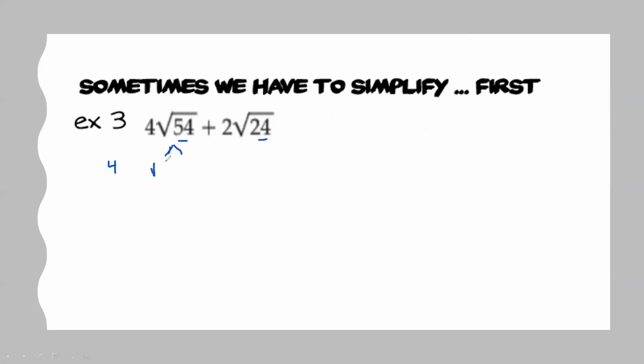We know that the product of two radicals is equal to the radical of the result of the multiplying. So for example, we have the square root of 54. I always look at our perfect squares.